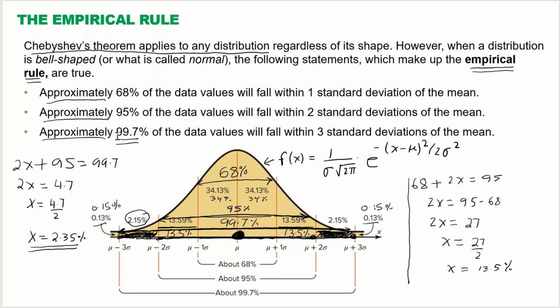Within 1 standard deviation, you'll have approximately 68% of the data. Within 2 standard deviation, you'll have about 95% of the data. And within 3 standard deviation, you'll have about 99.7% of the data. Now we are going to look at an example where we can use empirical rule.